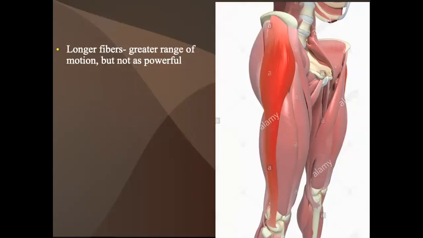Ones that are really long, like this one, for example, have long muscle fibers and a good range of motion. It's able to contract and expand a good amount of length, but they're not very powerful muscles if they're long.